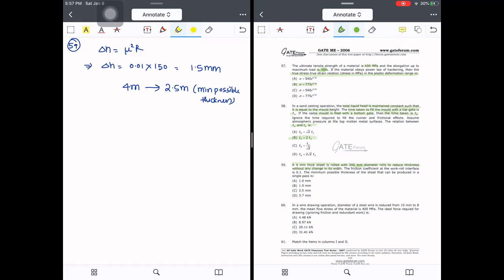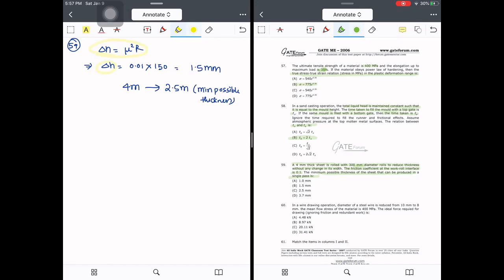Question number 59. A 4 mm thick sheet is rolled with 300 mm diameter rolls to reduce thickness without any change in its width. Yes, because in all the forming operations, one thing that remains constant is volume. Now the frictional coefficient at the work roll interface is mu equal to 0.1.